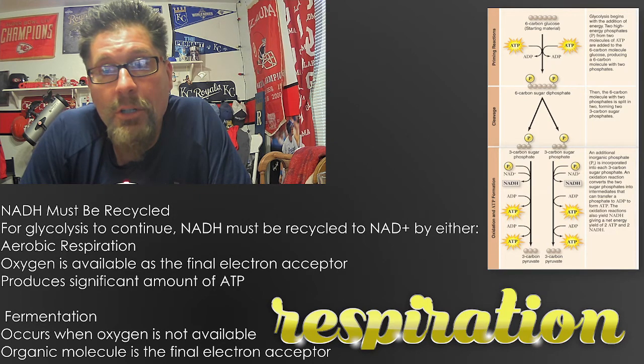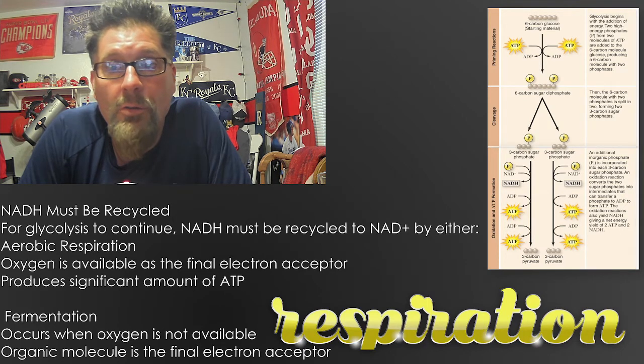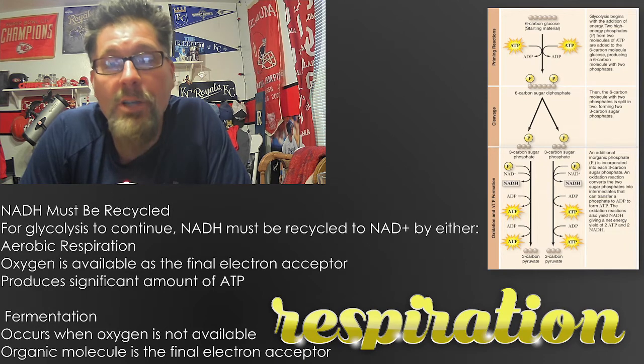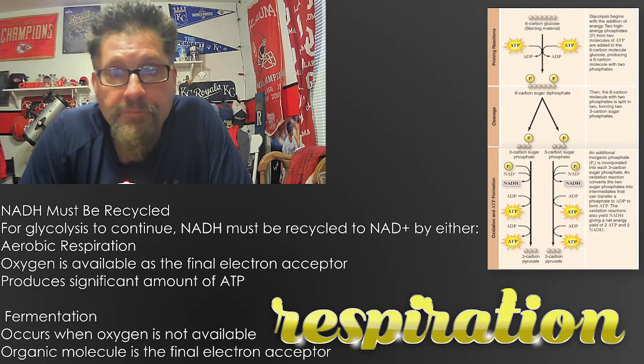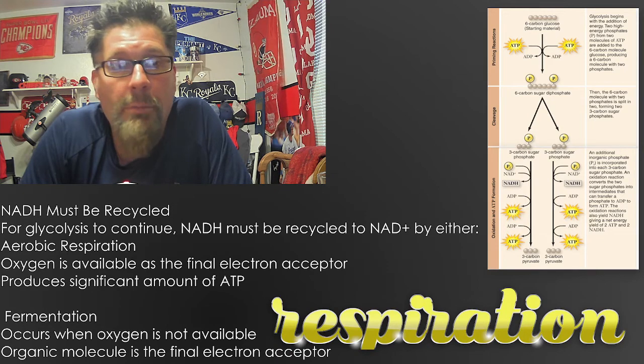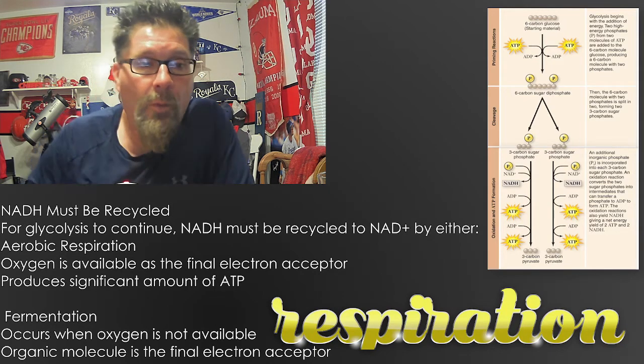But this can occur when oxygen is not available and some organic molecule is the final electron acceptor. And again, this is how there's entire industries that are based on this process. But we also see it, as I mentioned, in the lactic acid buildup in our muscles if we overwork those, and we wake up the next day stiff from whatever we were doing.